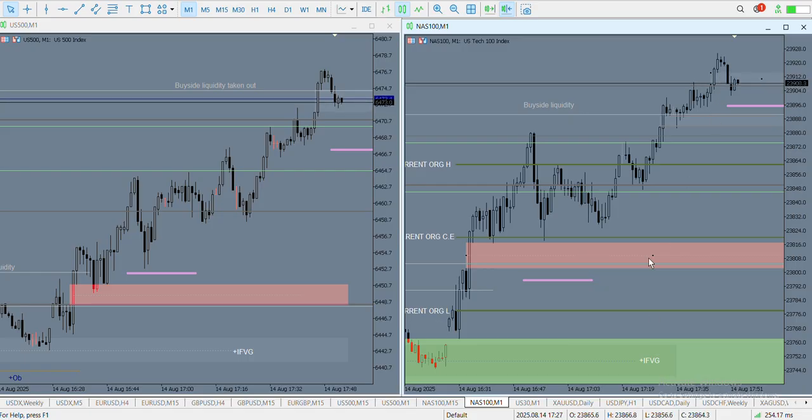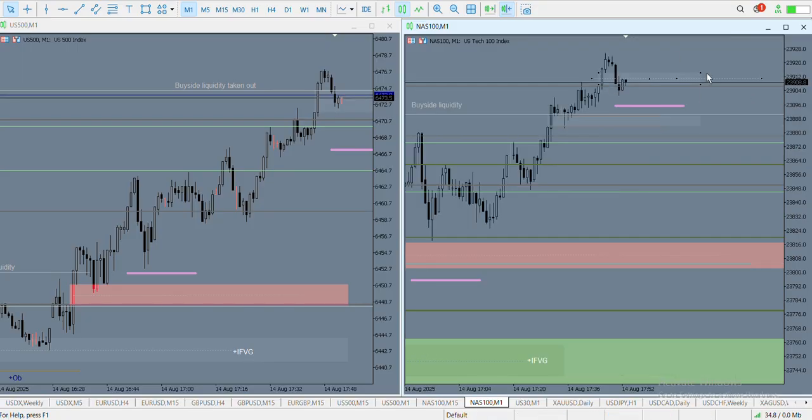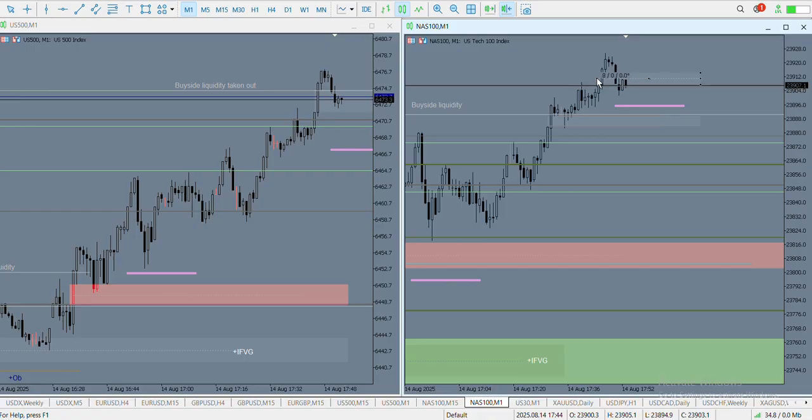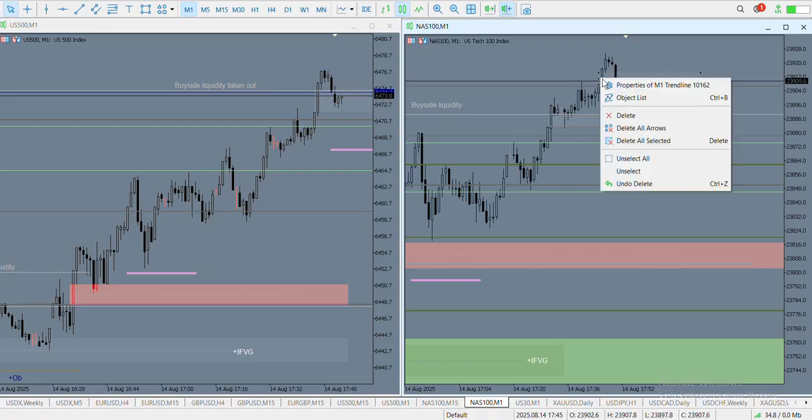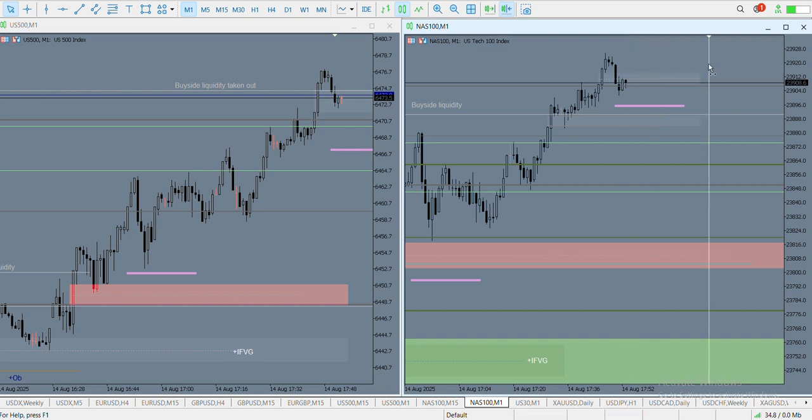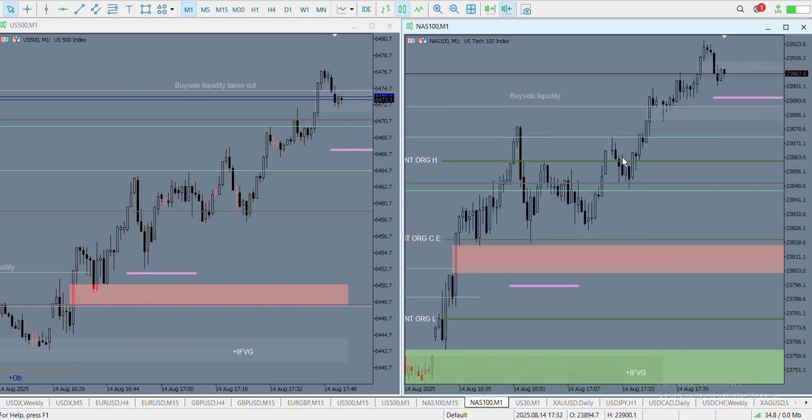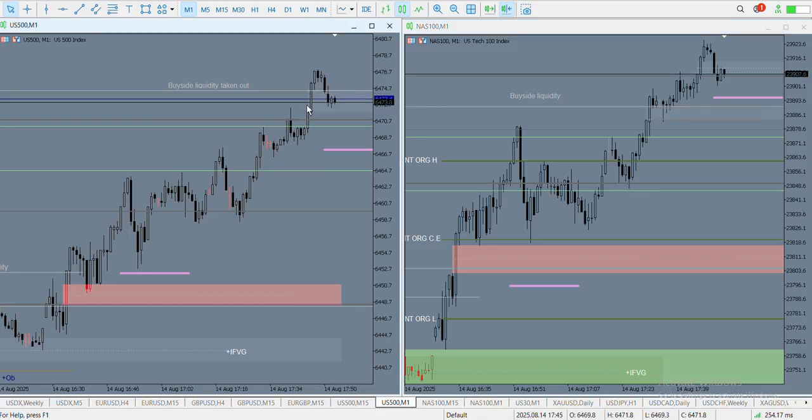Interesting, interesting ideas. Let's look at this encroachment for this possible inversion fair value gap here on the 1 minute. You see that? I want to see a very nice rejection lower, not just a slight rejection.